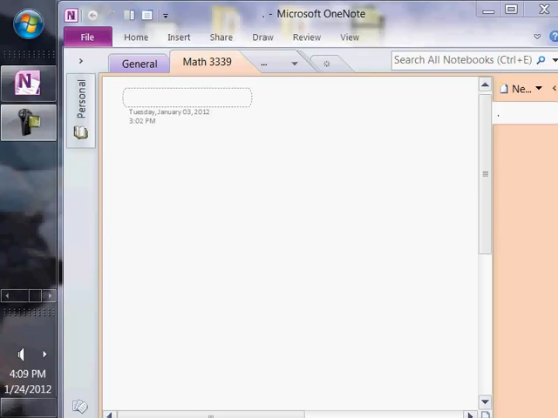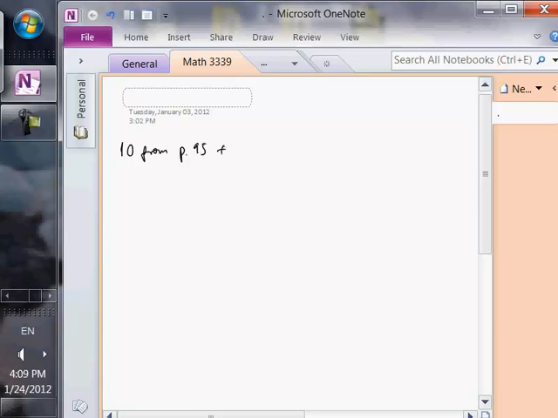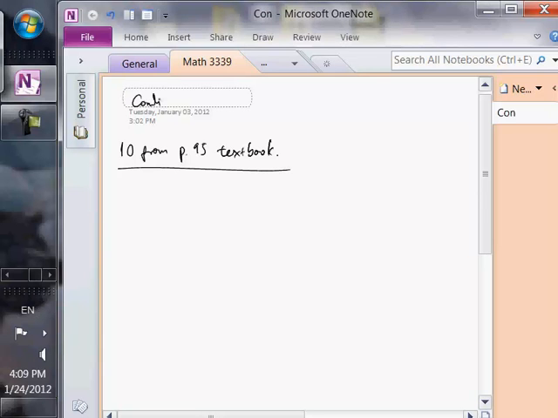I'm going to do problem 10 from page 95 of the textbook. If I want to put a header on today's lecture, I would put conditional probability.